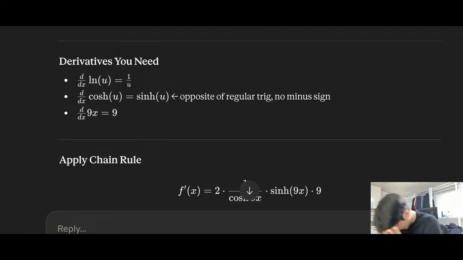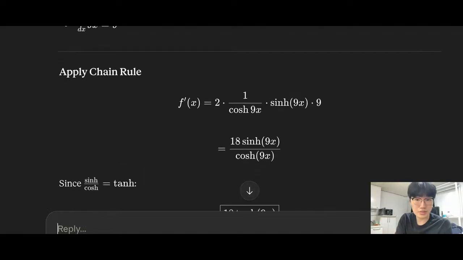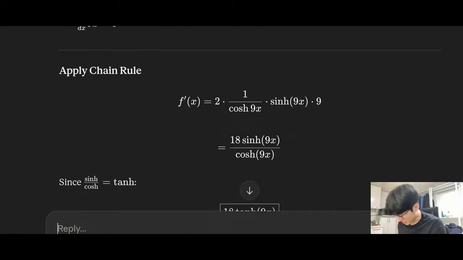So you multiply these. What you get is sinh 9x times 9 over cosh 9x times 2 in the front, which makes 18.